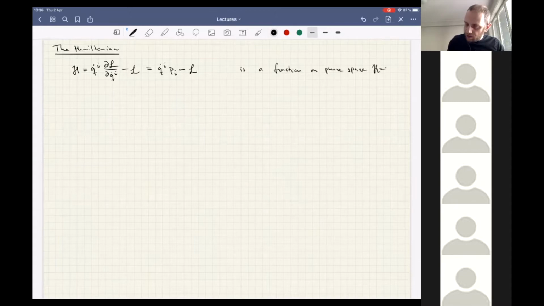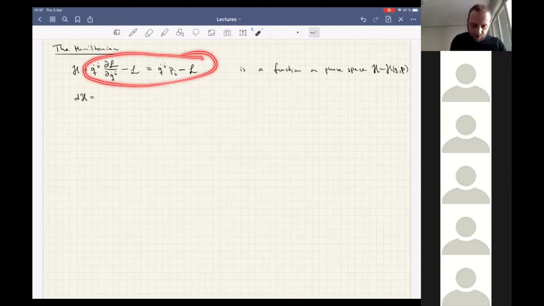So H is a function of q and p generally, and possibly time as well. So we can look at how small changes in the position in phase space are going to change the value of the Hamiltonian. I'm just going to differentiate the Hamiltonian here, inserting this definition.